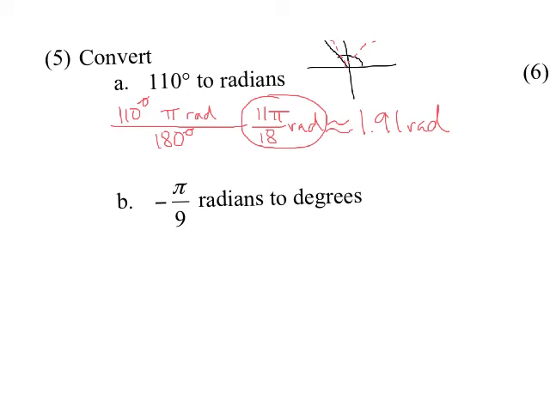I'm going to start with the given, which is negative pi ninths, and that's in radians. I'm going to put radians purposefully on the top of the fraction. And then I'm going to multiply this by the conversion factor of how many radians there is in a half circle and how many degrees there are in a half circle.